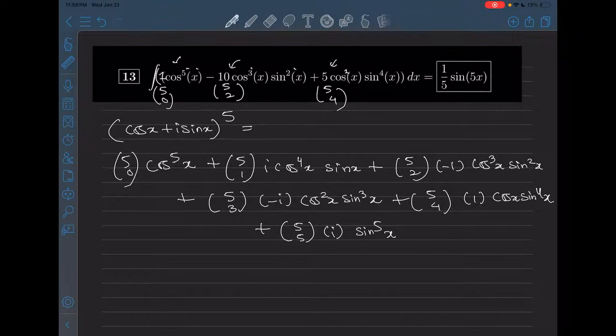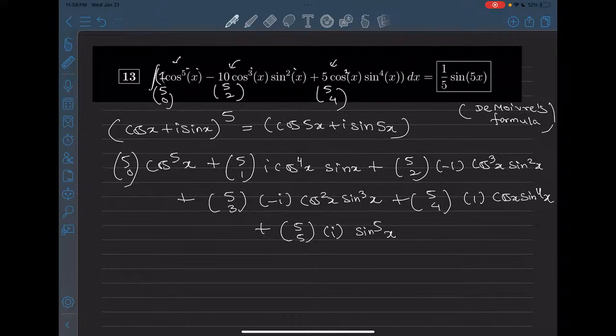So over here, we know that this expression will also be equal to cosine 5x plus i sine 5x, right? This is from de Moivre's formula, I forgot the name, probably de Moivre's.